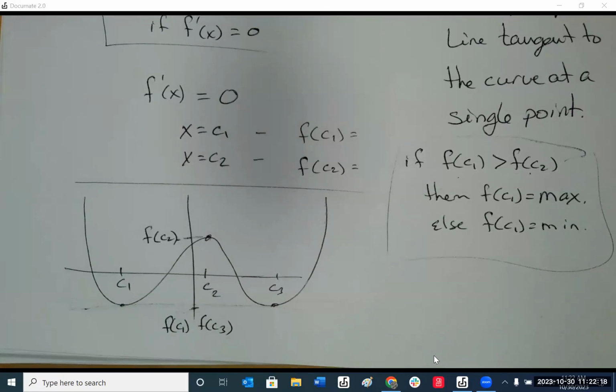It is possible to have two minima. Why? Because it's over a specific interval.